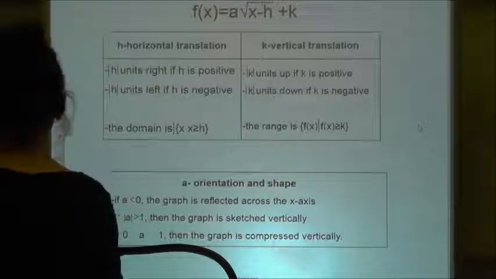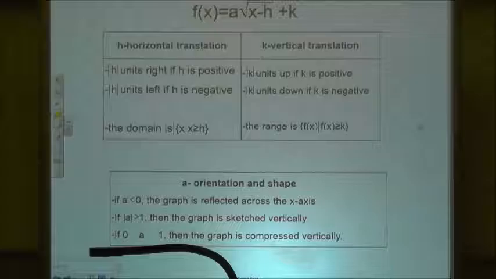There we go. So if your h is positive, it's going to move to the right. If your h is negative, it's going to move to the left. If your k is positive, it goes up. If your k is negative, it goes down.